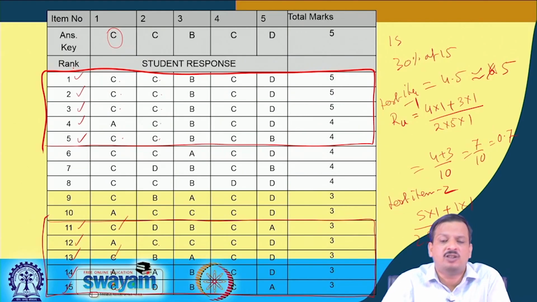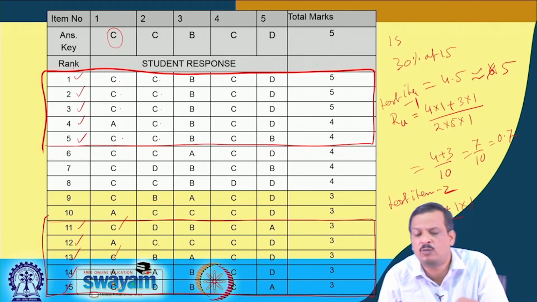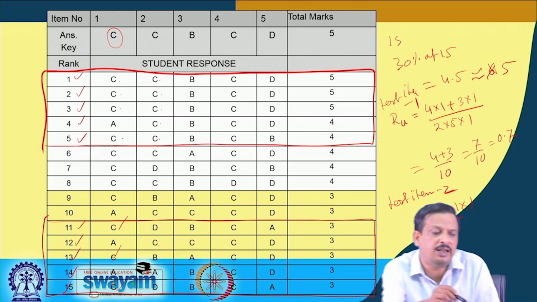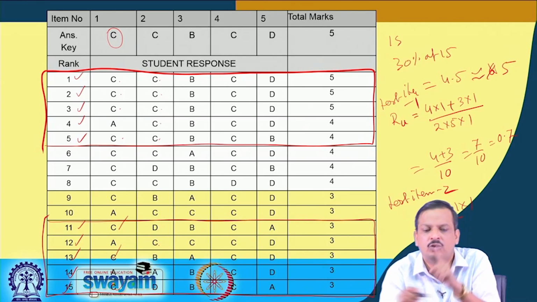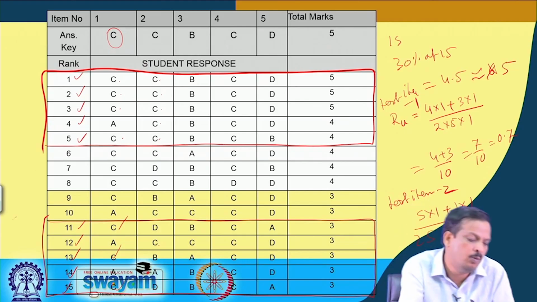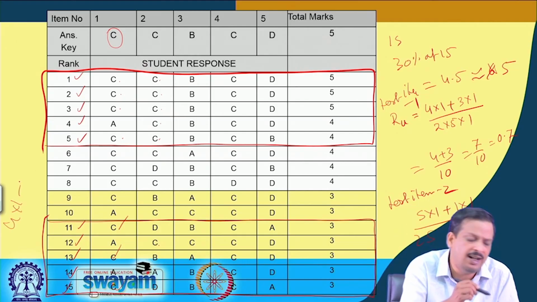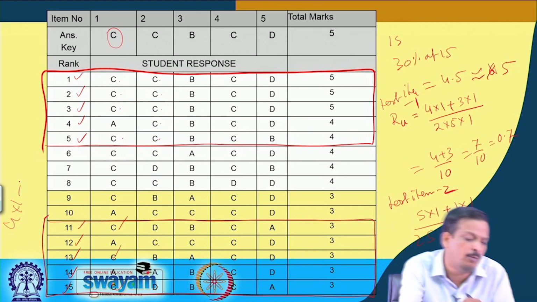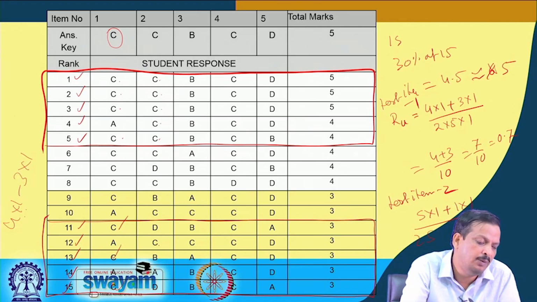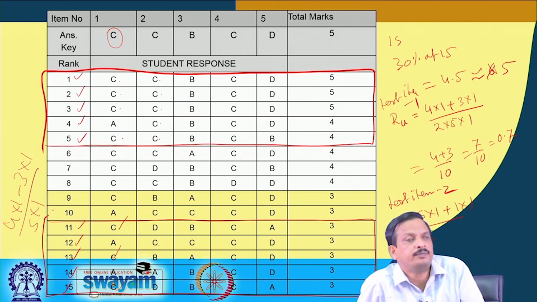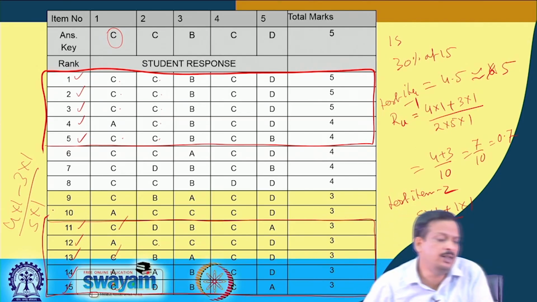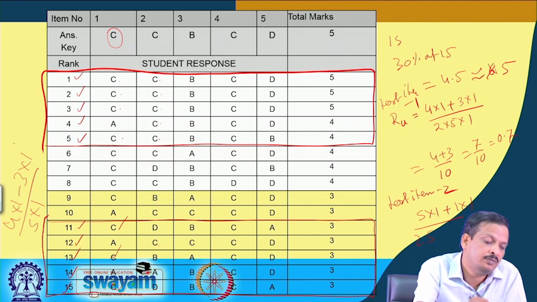Similarly, for multiple choice questions, for test item 1, every test item carries 1 mark. So, marks obtained by upper group 4 into 1 minus marks obtained by the lower group 3 into 1, divided by 5 into 1. So, that means 1 by 5.